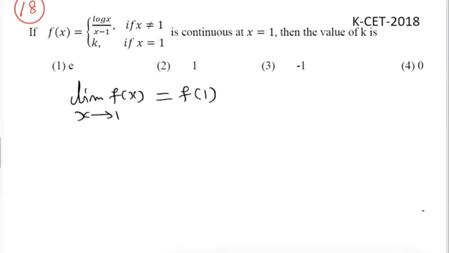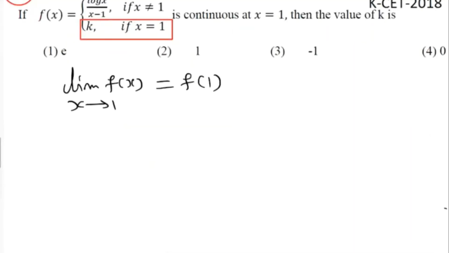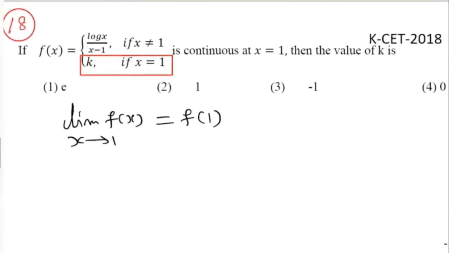So f of 1 is given to be k, and when x is not equal to 1, the function is defined as log x upon x minus 1. Limit as x tends to 1, log x upon x minus 1 equals k.